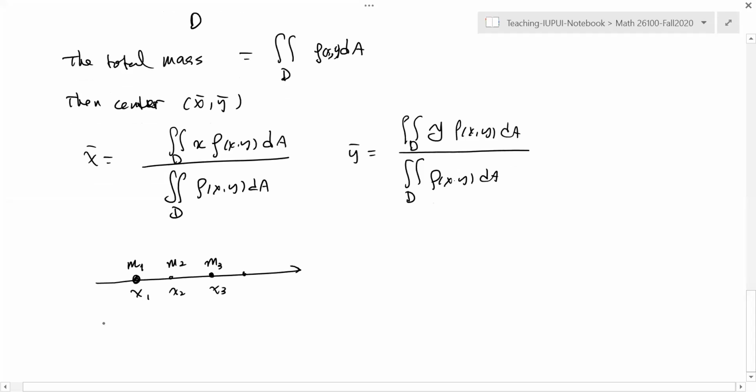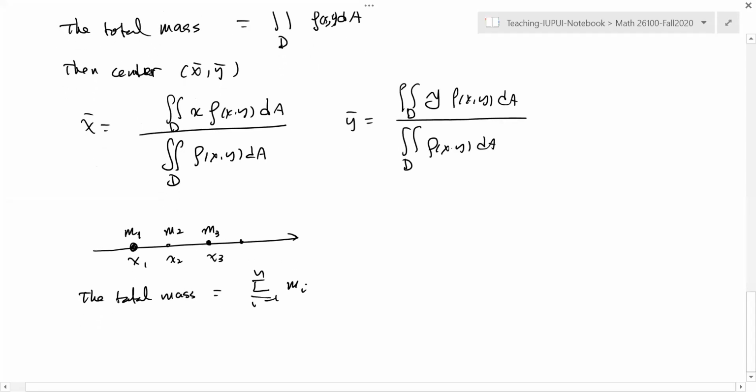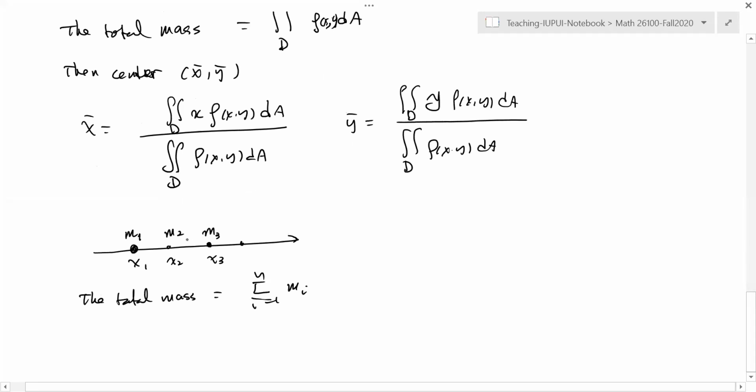Then the total mass is going to be just the sum of mi, i from 1 to n. But if you want to find the center of those points, what's the math? You need to multiply by the coordinates, because the center may be here, x bar.